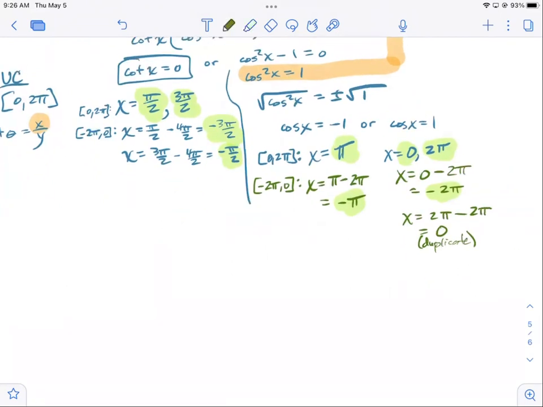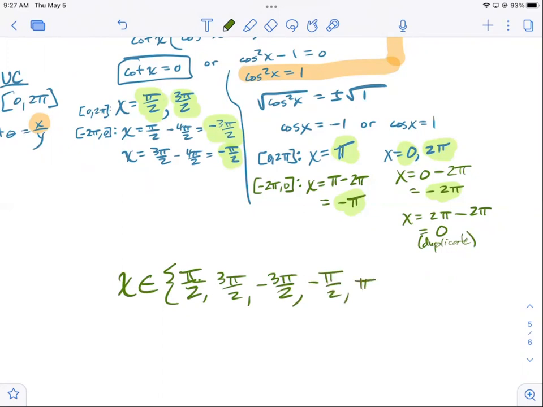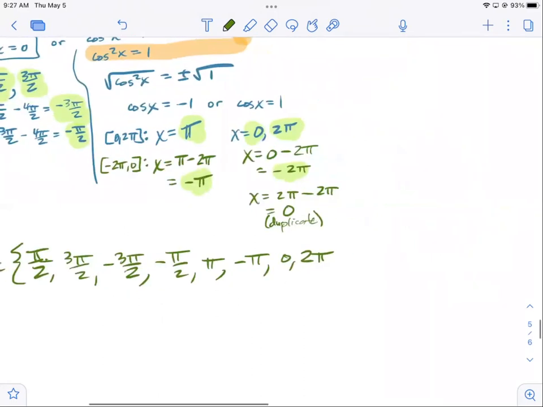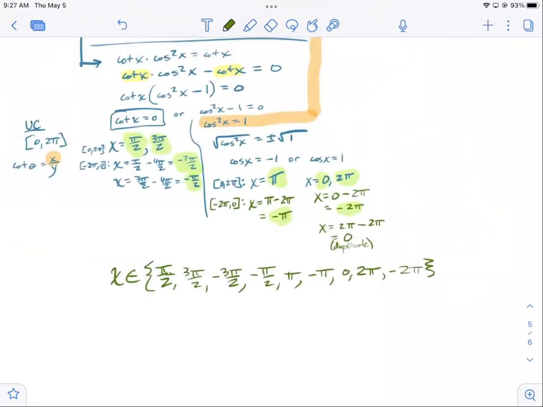So the solution set is going to be x epsilon, and we'll put braces, and we could just list them like a roster. Pi halves, 3 pi halves, -3 pi halves, -pi halves, pi, -pi, 0, 2 pi, -2 pi.